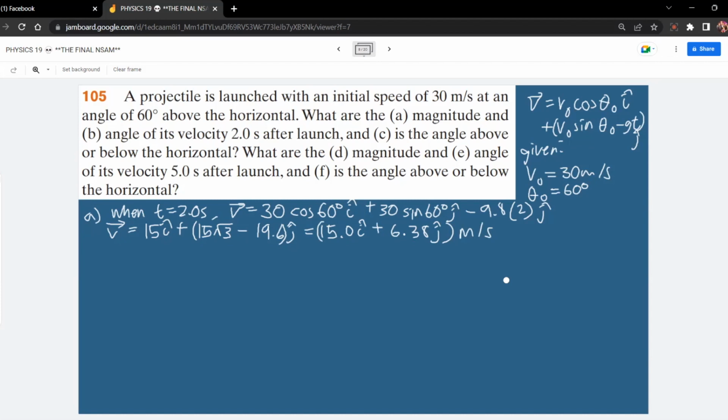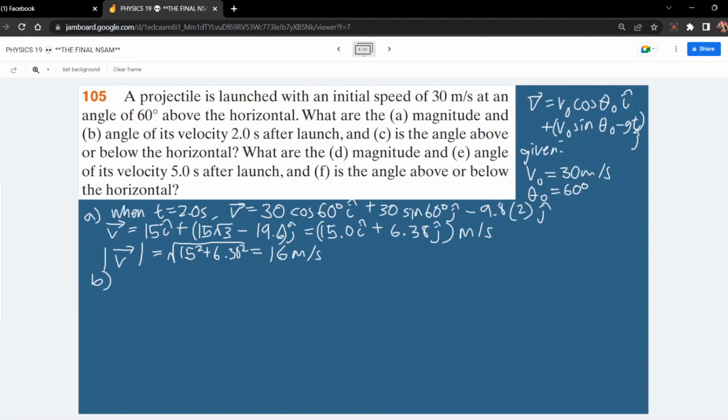So, number each equation, and then, so from there, anong yung speed naman ay square root of 15 square plus 6.38 square, and then, okay, 2 sig fig, 16.